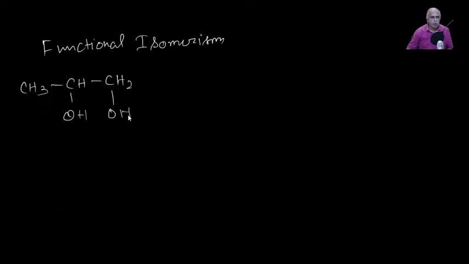And let me move to the functional isomerism exhibited by diols. Please make a note. As I already explained, the same molecule can be represented in two different structures by the difference in the nature of the functional group.